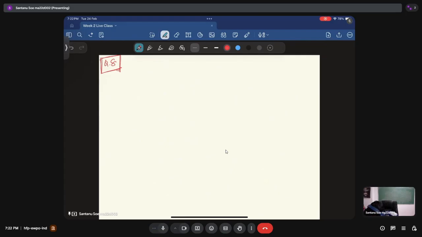So it is given like this. Find beta of m comma 1 by 2 into beta of m plus 1 by 2 comma 1 by 2. Solution.